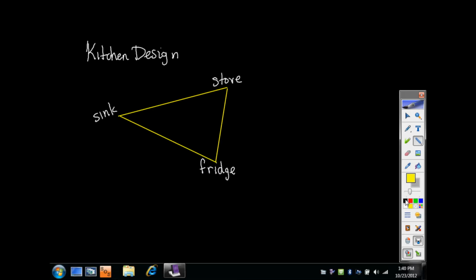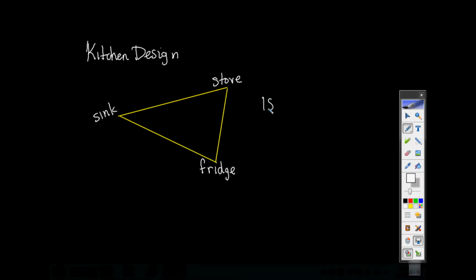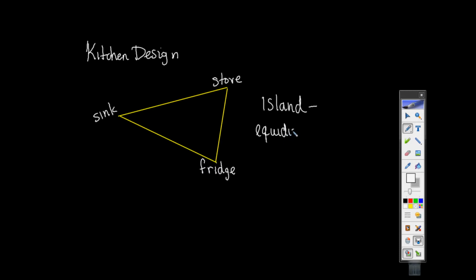If you want to put a kitchen island into your kitchen, you want it to be equidistant from all those three things, because those are the three things in your kitchen you use the most, right? You use the sink, the fridge, the stove.